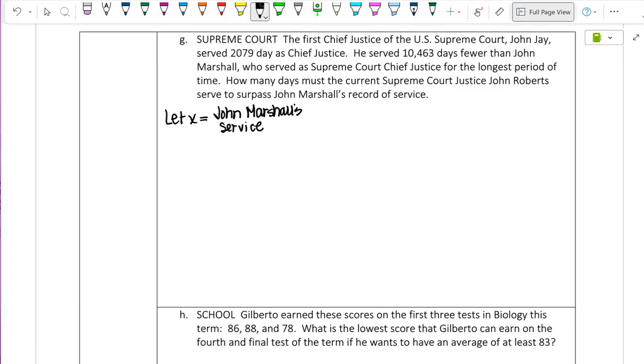And again, we know John Jay's service was 2,079 and that it was 10,463 days fewer than John Marshall. So if I take x minus 10,463, it's got to be greater than or equal to 2,079.